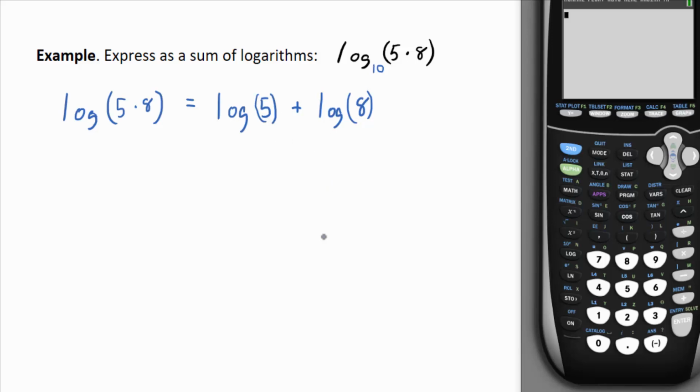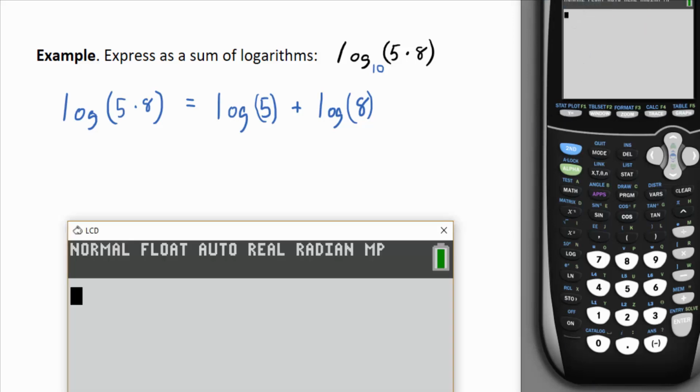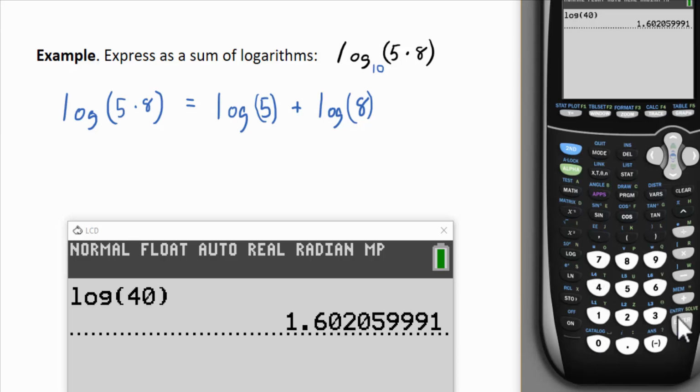Now, let's make sure we believe it by plugging in both sides in our calculator. If you type in log, the log button is a little further than midway down in the left-hand column of buttons. Log means log base 10. You can just type in 40, because 5 times 8 is 40. Hit enter, you get a decimal, 1.60, and so on. If the product rule is true, you should be able to take the log of 5 plus the log of 8 and get the same thing.